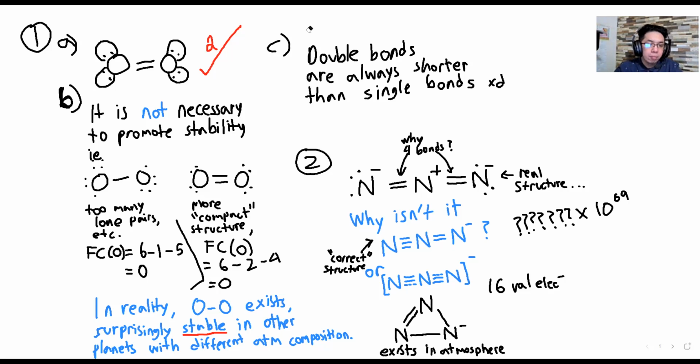So, if you have O single bond O lang, what is wrong with this structure?